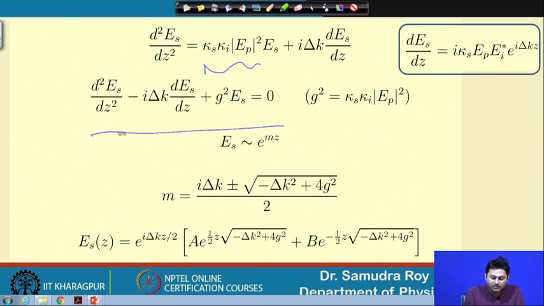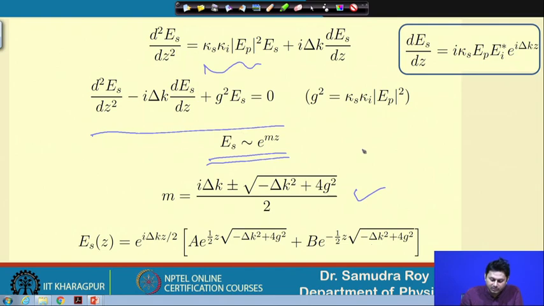When we have this kind of equation, it is a homogeneous equation, we do not have any source term here. So, life is easy here. We just try to find a solution of the form e to the power m z. If I put this term here, then we have the solution for m like this, the standard procedure. When we have a solution like this, the next thing is we can put all these values here.